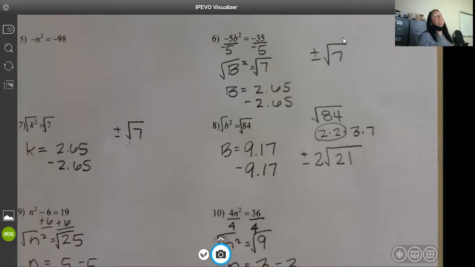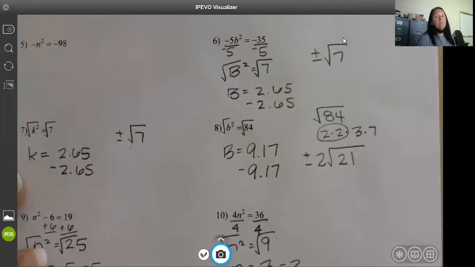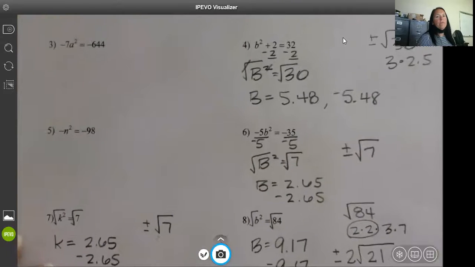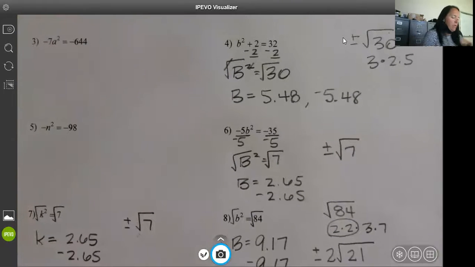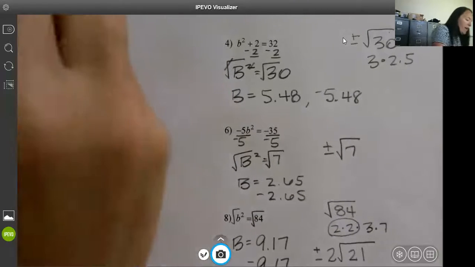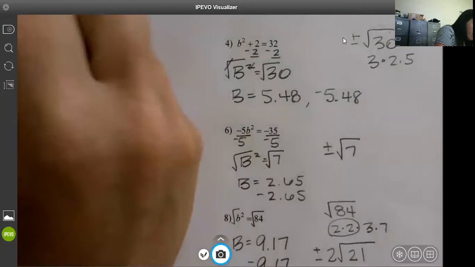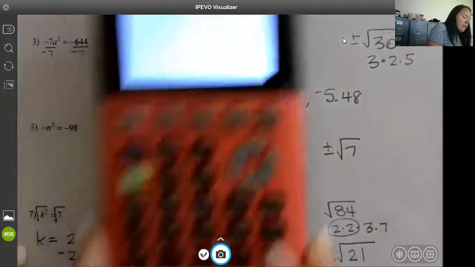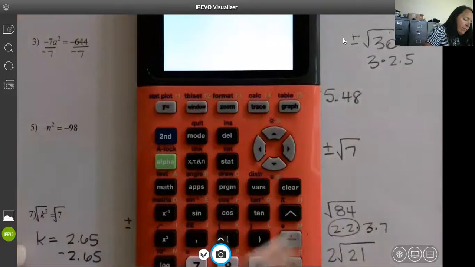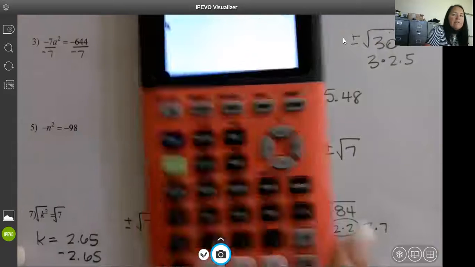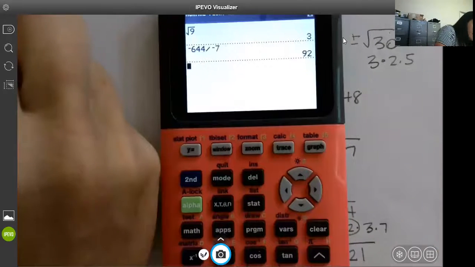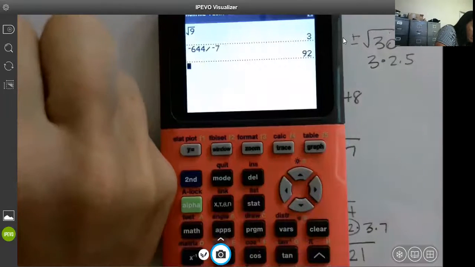Any questions on those? So far, so good, right? I'm gonna jump up to number 3, then move to 5, and then move to 11. So number 3, what do I need to do on there? Divide by -7. I don't know what that is. I'm gonna use my calculator. -644 divided by -7 gives me a positive 92.